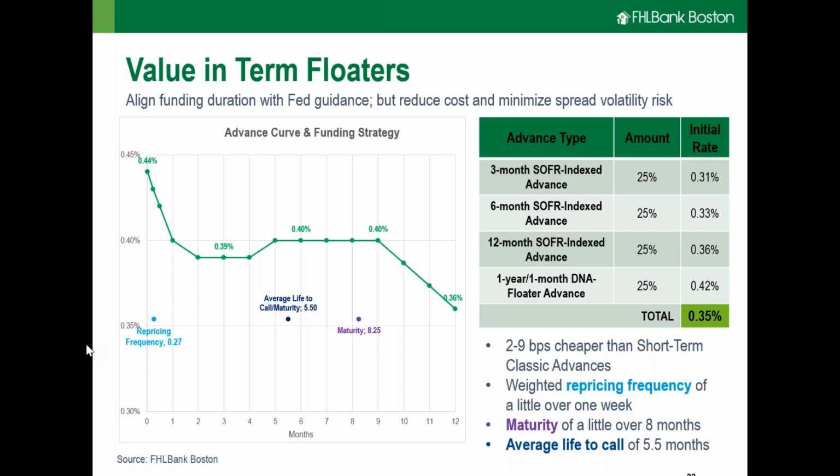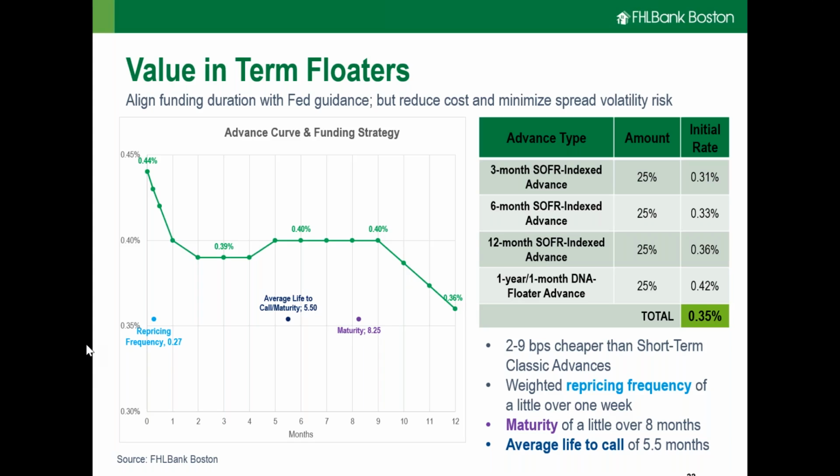So what you get in this profile is cheaper funding than classics at the short end, reprices based off of the very front end, which is aligned with Fed guidance, but you have a maturity profile that is out to 8 months. So if markets become volatile and spreads widen, you'll avoid having overnight funding that will have to be replaced at an inopportune time.